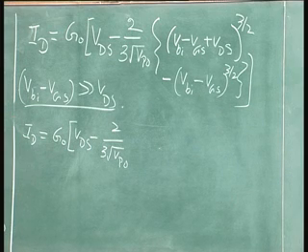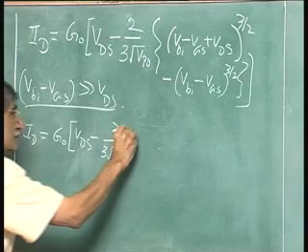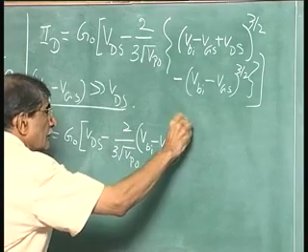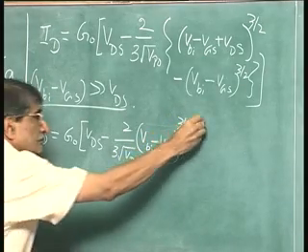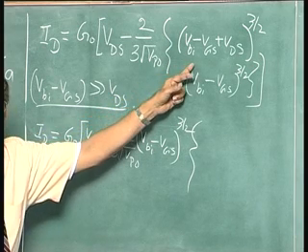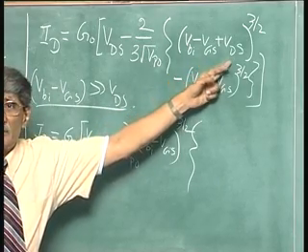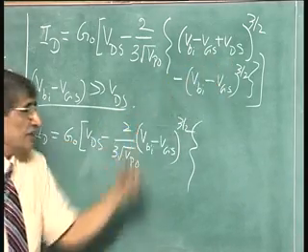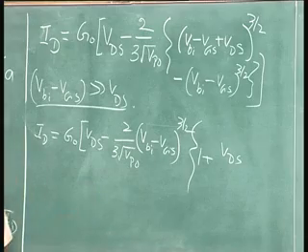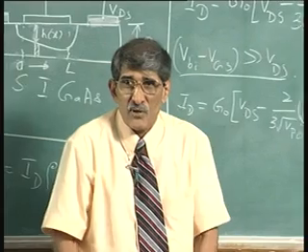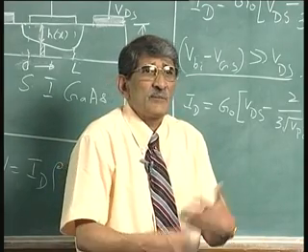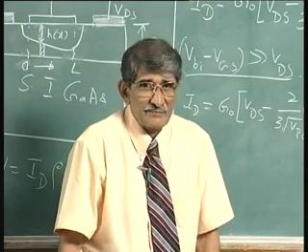I will pull out that (V_bi minus V_gs) to the power of 3 by 2 into, what do you get now? 1 plus V_ds divided by (V_bi minus V_gs). 1 plus x, where x is small, to the power n, binomial expansion is 1 plus n x, taking one term.